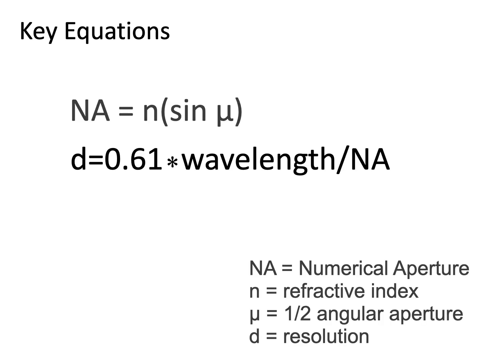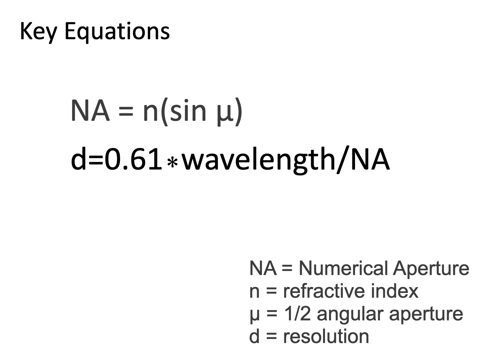So there are two key equations here. We talked about numerical aperture, and that's dependent on the objective, because the objective strength is related to the working distance, or how close to the sample it needs to be for magnification.